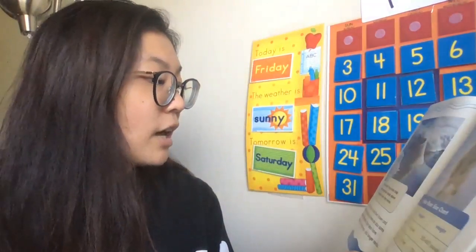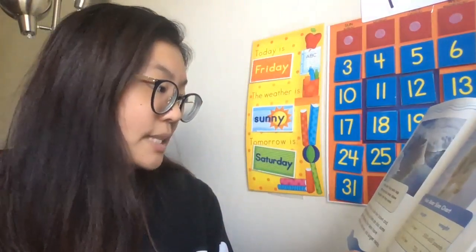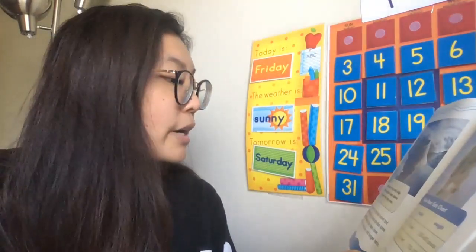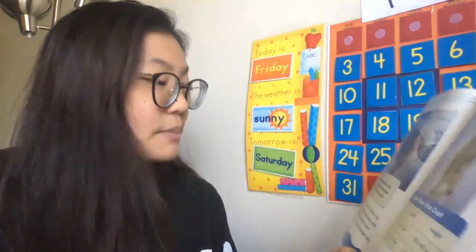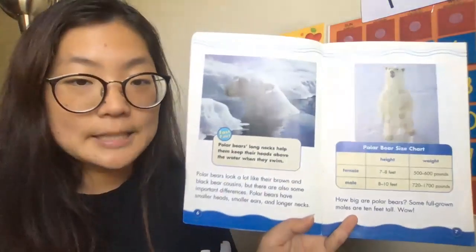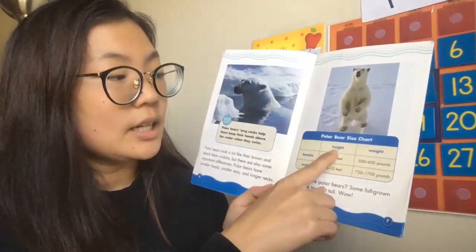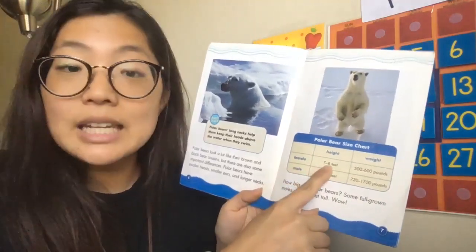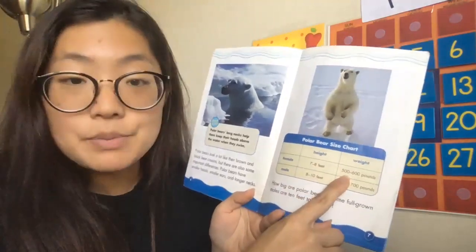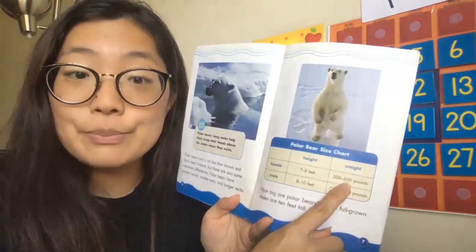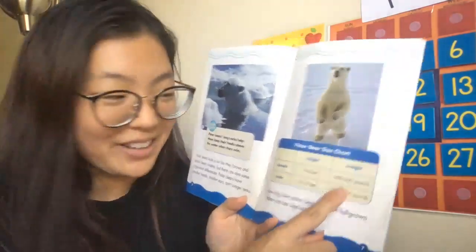Polar bears look a lot like their brown and black bear cousins, but there are also some important differences. Polar bears have smaller heads, smaller ears, and longer necks. Polar bear size chart. Females can grow up to 7 or 8 feet and weigh up to 500 to 600 pounds. That's a very heavy bear.